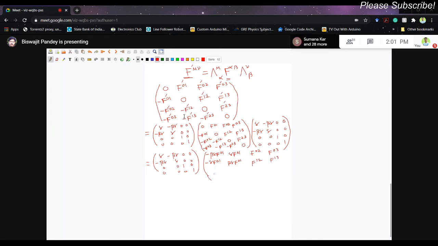Similarly, let us take the third row. There are multiple non-zero things, two non-zero terms: minus gamma into F02, plus beta gamma F12. The other two will be 0, since 0 into 1 is 0. So there are two terms: minus gamma F02 plus beta gamma F12.